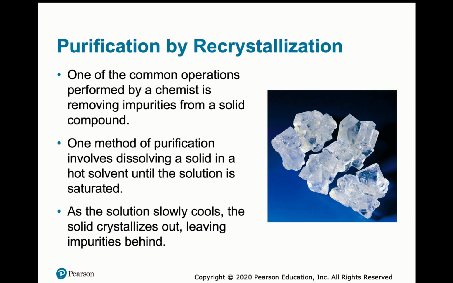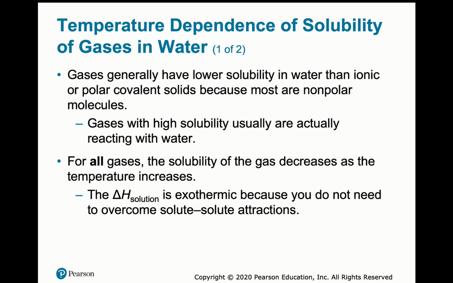As the solution cools, the material precipitates out of the solution. I already mentioned that with sugar to make rock candy, but you can do this for other things. Certain drugs are made this way. It's easy to make aspirin, for instance: acetylsalicylic acid can be crystallized out by cooling a solution.